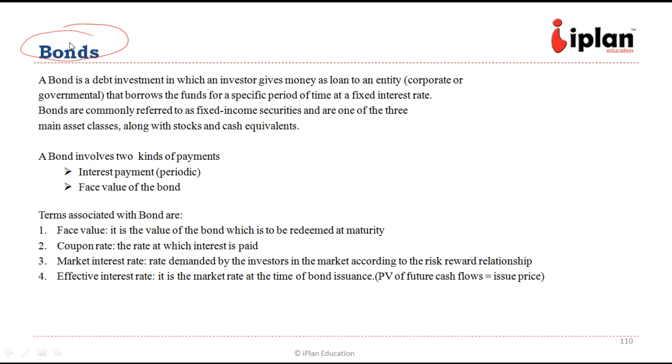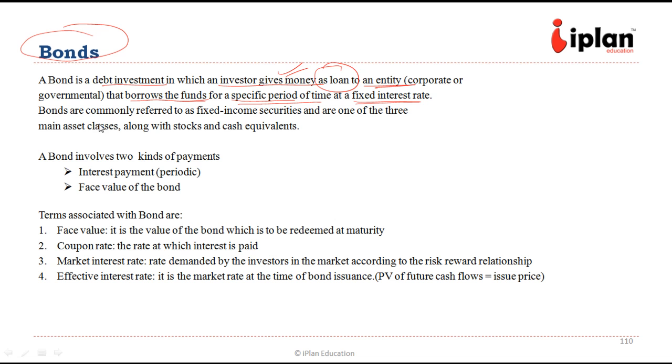Bonds, which are long-term liabilities, are a debt investment in which an investor gives money as a loan to an entity, a company or government, that borrows the funds for a purpose for a specific period of time at a fixed interest rate.